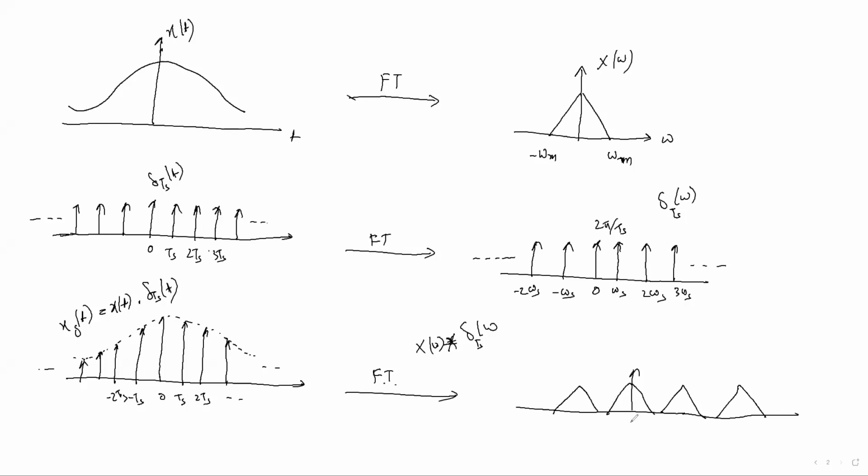Okay, this is for minus omega m to omega m. This is, you can say, omega s. Okay, this is for twice omega s. This is for thrice omega s, and minus twice omega s.